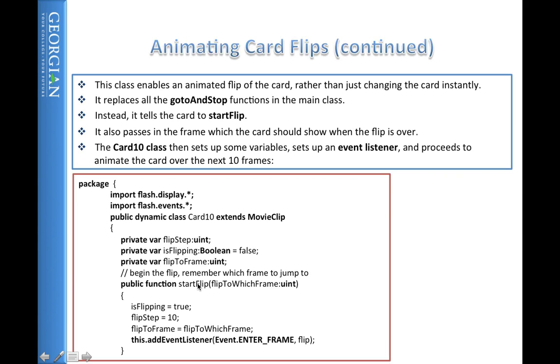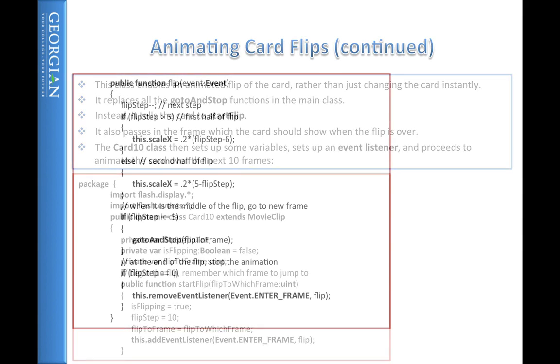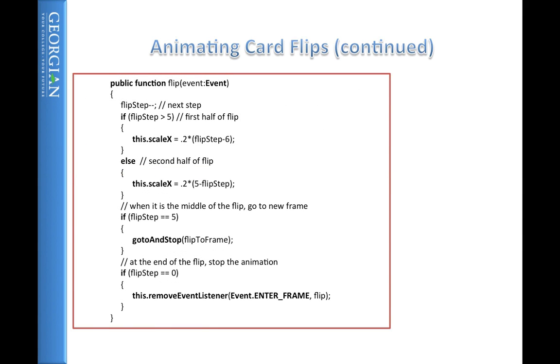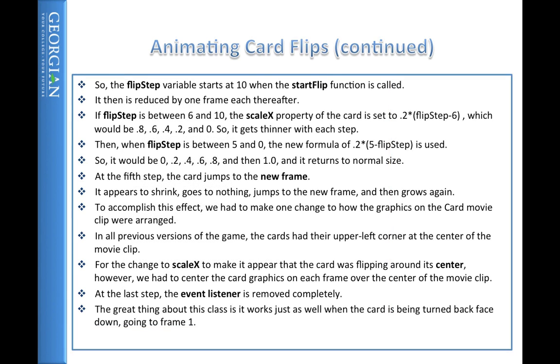But basically what it does is as the time goes, the scale of the card changes from 100% all the way to 0 and back out to 100. So it looks like it's flipping, but all it's doing is changing the scale of the card, making it 100%, shrinking it down into a line and going back out to 100 to make the flip happen. That's what it looks like. And when it flips over, you're going to show the frame, right? So it's kind of a neat way of doing the card flip. So this is where the card flip is added.